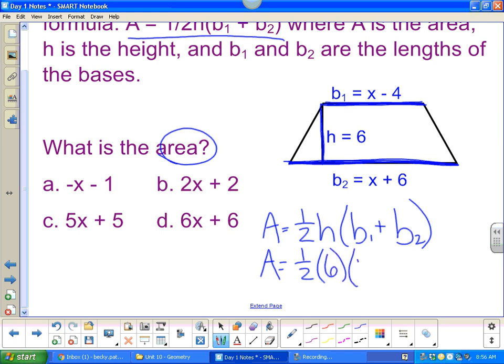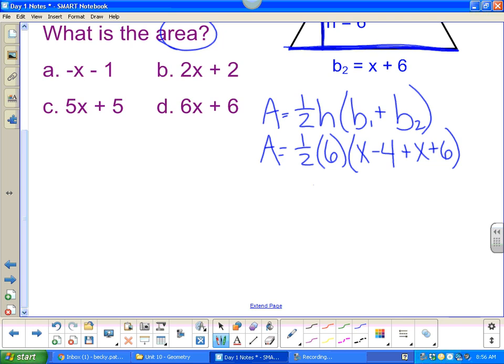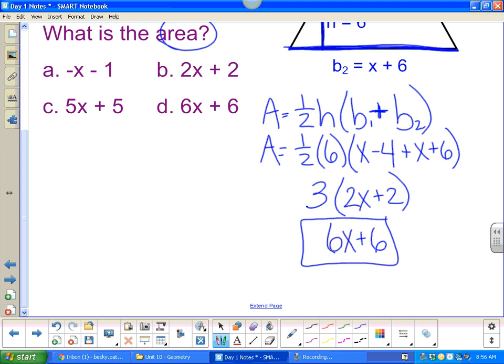And then b1 plus b2. Well, 1/2 times 6 is 3. Now, inside these parentheses, I'm not multiplying anything. It's plus. I just add my like terms. So x plus x is 2x, and a negative 4 and a 6 is a 2. And then I distribute: 6x plus 6. Done. Easy peasy.